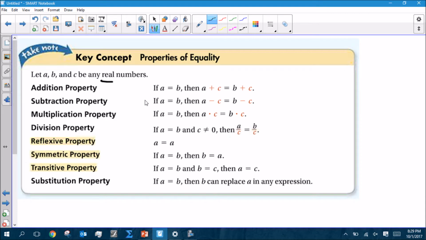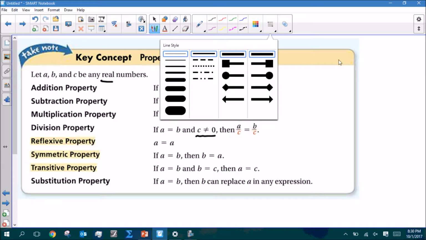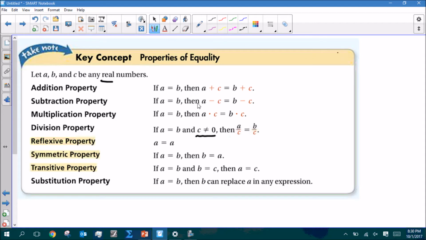Okay, there'll be again arbitrary values, but these properties exist and they can be proven to exist regardless of what A, B, and C are. Now there's going to be a couple times where we have a requirement on maybe C. Come down here, C has to have that requirement that it can't be 0. But for the most part, regardless of the numbers, we should have properties existing all the time.